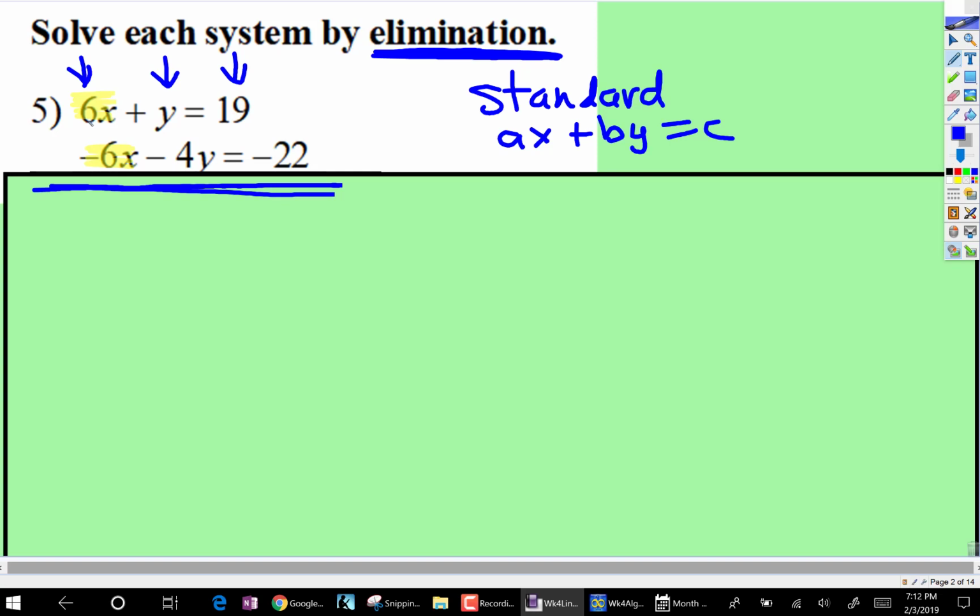Let's see what happens. Well, positive 6 and negative 6 zeroes out to 0x, so we don't even have to think about it. Positive 1y and negative 4y add up to negative 3y. And 19 plus negative 22 is negative 3.